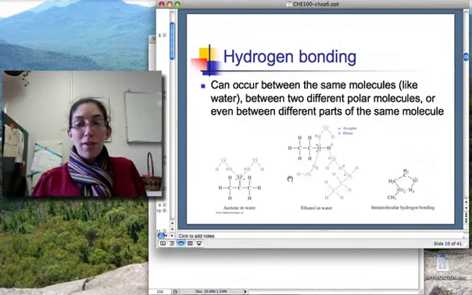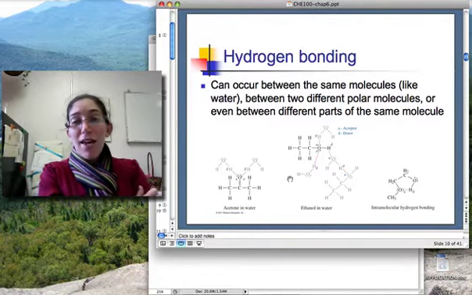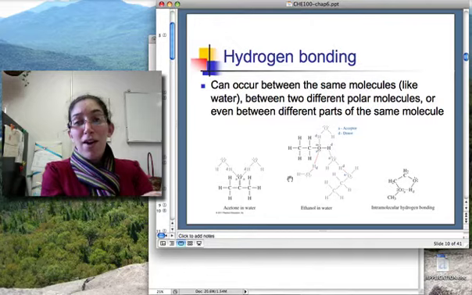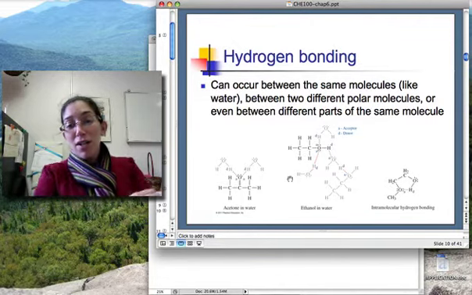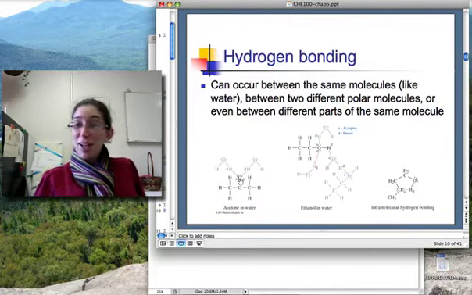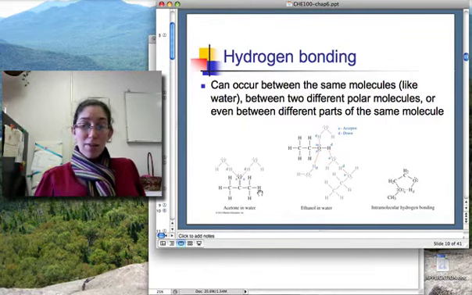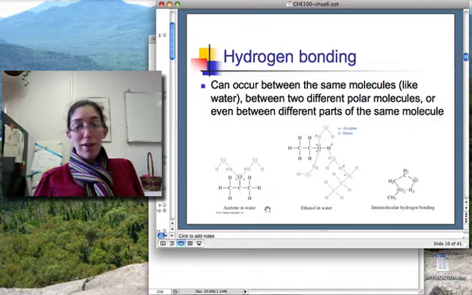But also, if you mix two different polar molecules together and you have at least a hydrogen bond donor and a hydrogen bond acceptor, you can get hydrogen bonding between different types of molecules, okay? So, for example, here's acetone in water and ethanol in water, okay?